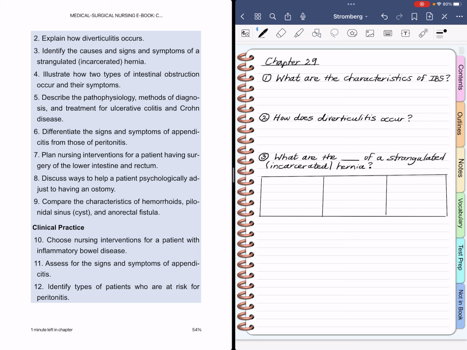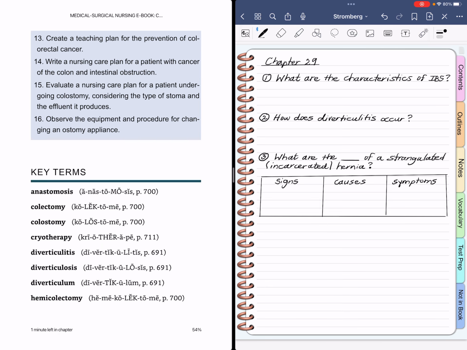So I would make a section for the signs. Excuse me, I forgot causes, symptoms. And they were very clear about those 3 things, so you need to be able to explain or address all of them. And I would go ahead and write out these questions all the way through the 16 objectives.